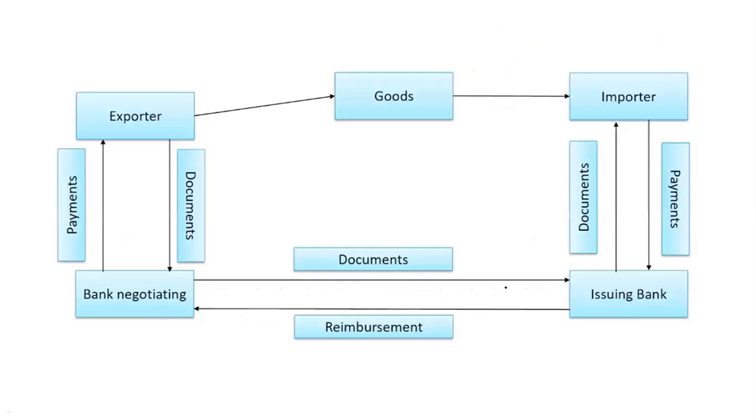Let's try to understand what an LC actually means. First and foremost, the exporter signs the contract with the importer. At the time of signing the contract, they decide that they will go with LC as the payment term.